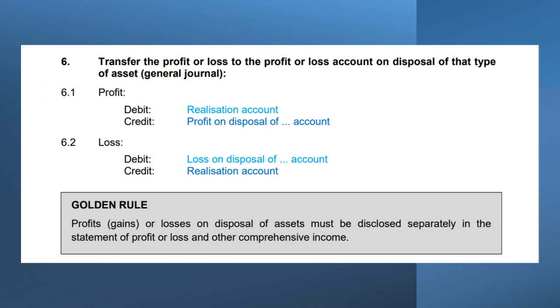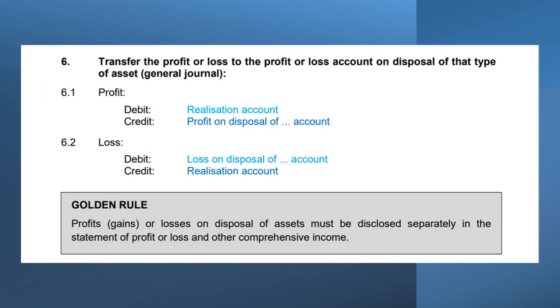It will increase on your credit side. That's when it's money coming in, your equity increases on your credit side. So that's why here we're saying credit the profit, and then what are you going to debit? You're going to debit the realization account. But if you've made a loss, you will debit the loss on disposal of that particular asset account. And what do you credit? The realization account.